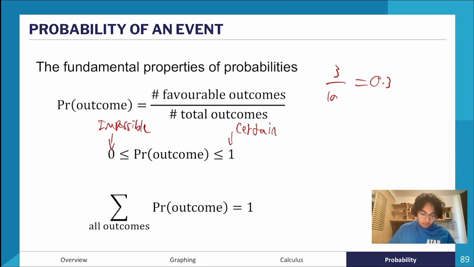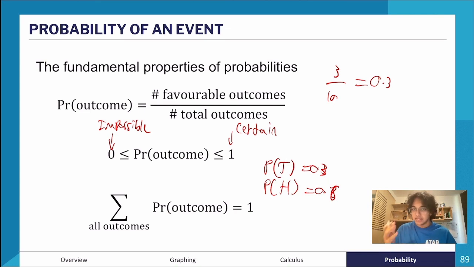So even if it's a weighted coin, like the probability of tails is 0.3, and the probability of heads is 0.7, right? They should still add up to 1, right? It doesn't make sense for the probability of heads to be 0.8 because that means there's a 110% chance of that coin flipping on either side, right? You can't be more certain than certain, right? So yeah, probability must always sum up to 1 of the outcomes.